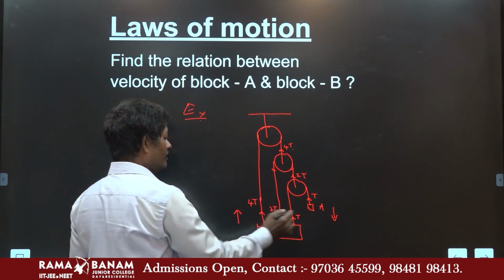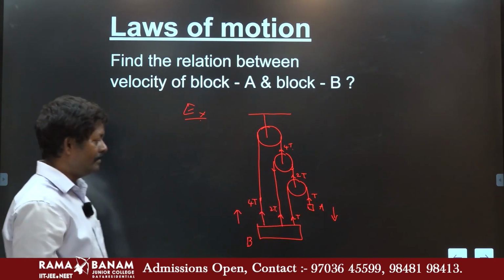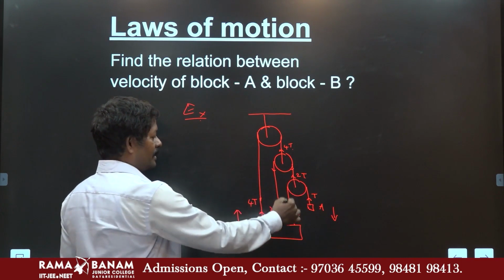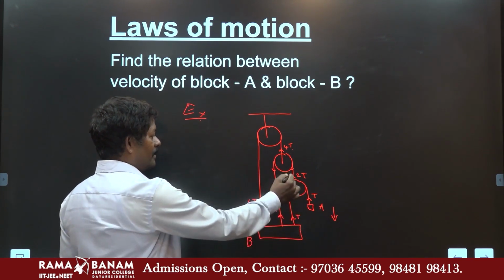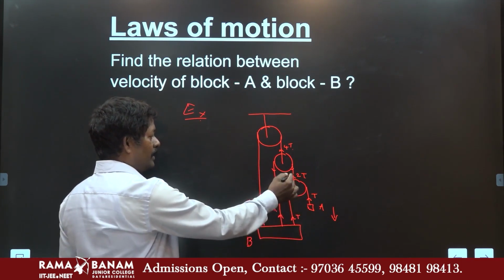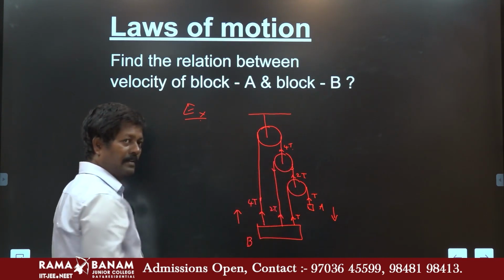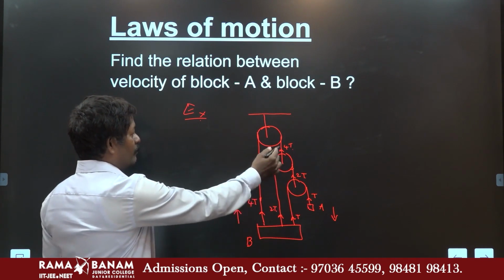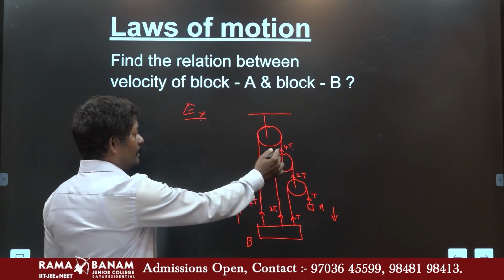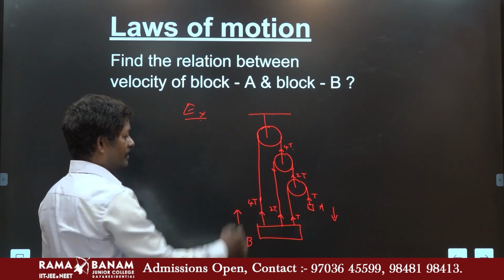Again I am explaining, here the tension is T, throughout the string the tension will be T, and in the string above this pulley you will have 2T, so throughout that string 2T will be there. And next, above that, we have 4T, 2T plus 2T, and that 4T will be throughout the string.